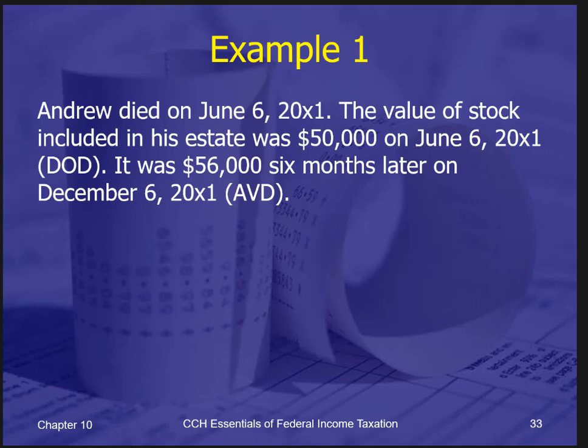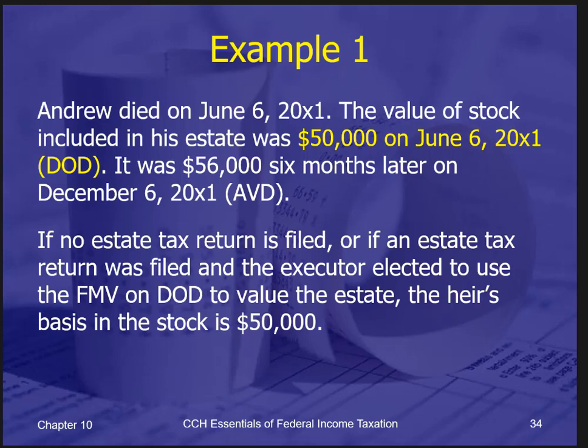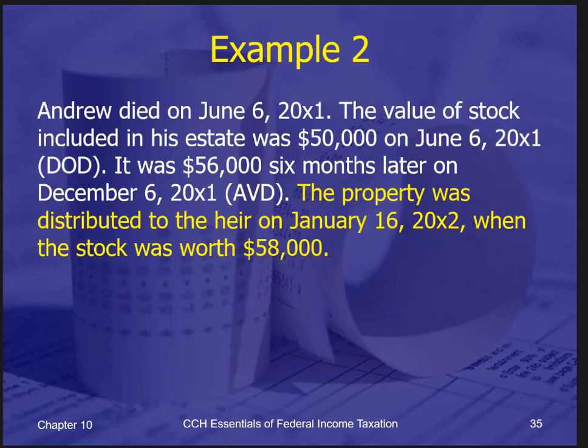So the value was $50,000. It was $56,000 6 months later. So there's your two amounts. If it's not filed, then you use the $50,000 date of death value. All right.